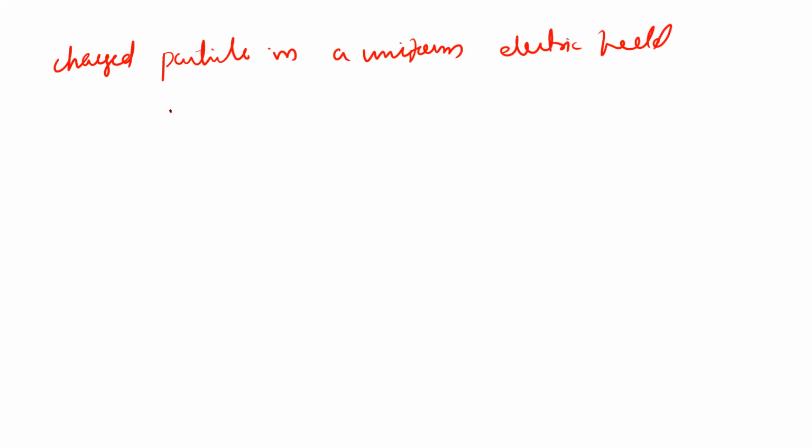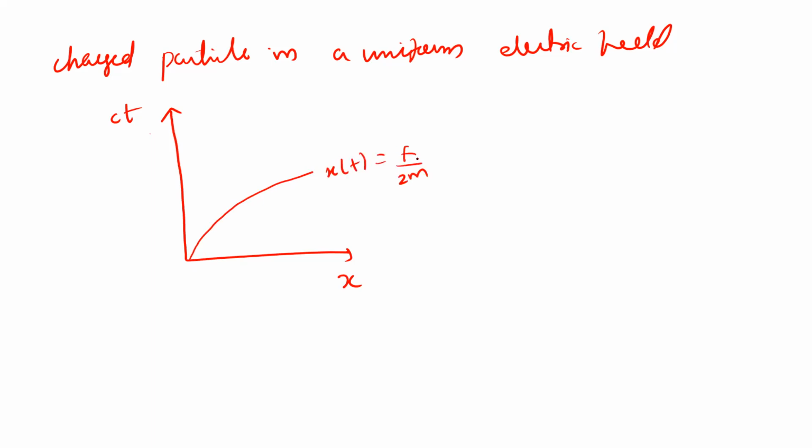Now, if you look at the space-time diagram, you'll see that there is something instructive. Usually in the Newtonian case, we used to write x here and ct here, but this is the new convention that we use. If you're looking at a non-relativistic particle, it would be a parabola like that. So x of t is equal to, if you take non-relativistic, f by 2m t square.